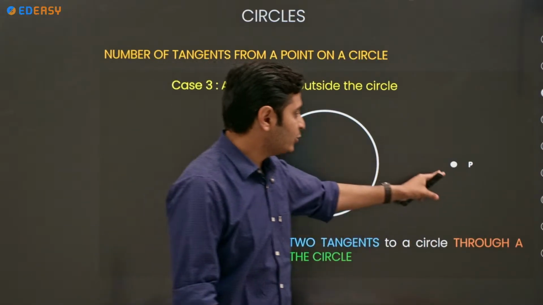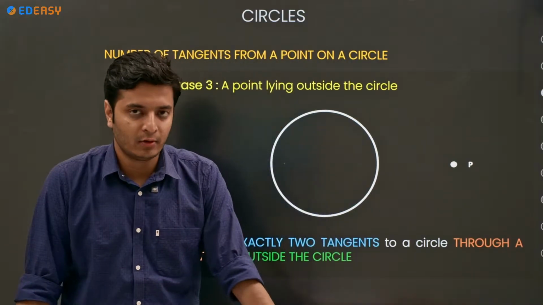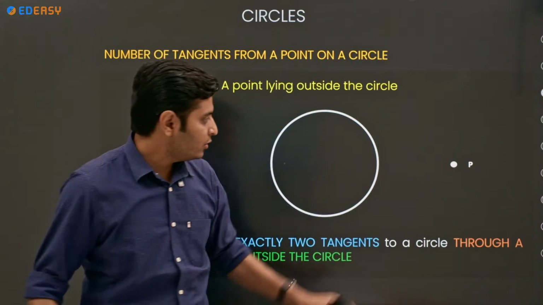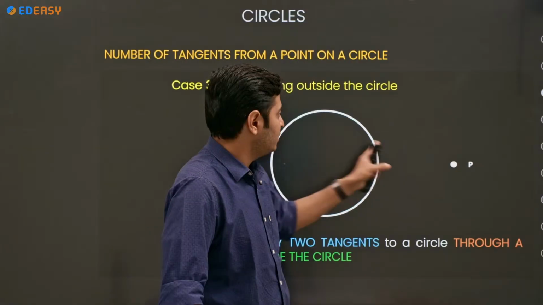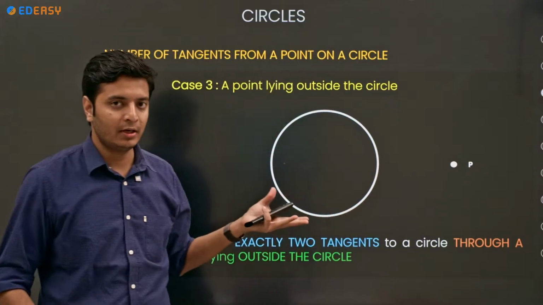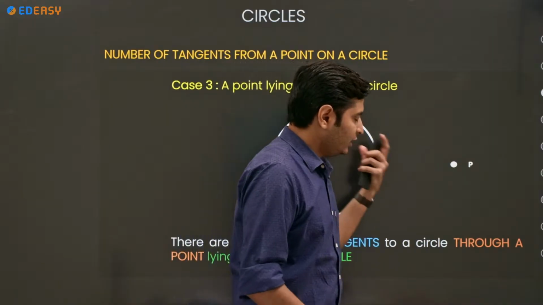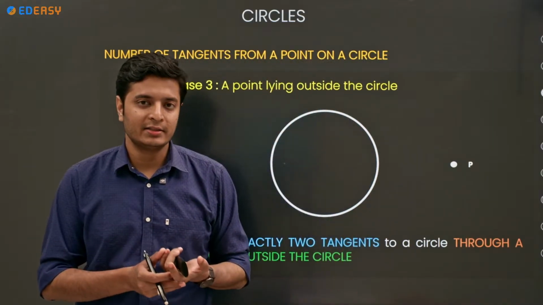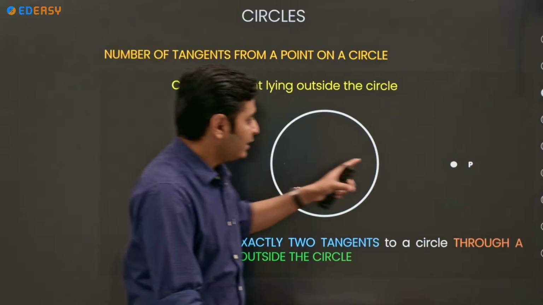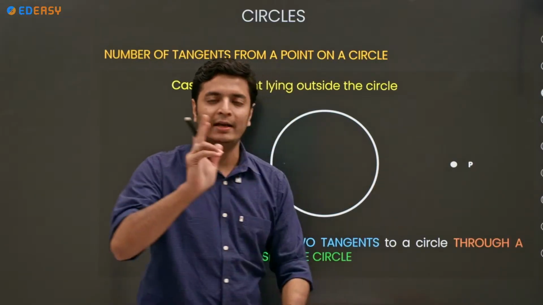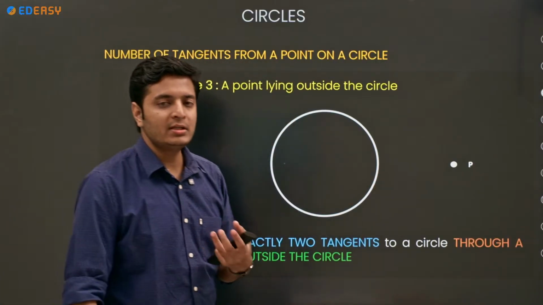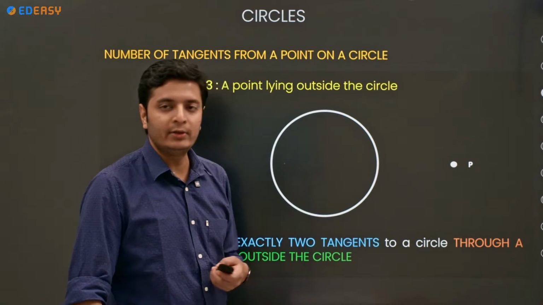Now from this point, how many tangents can we draw? We can draw infinite lines passing through this point which are going to meet this circle, correct? That is possible. But if we understood the concept of tangent, the line should be meeting the circle at only one point. So how many such lines are possible? Only two.